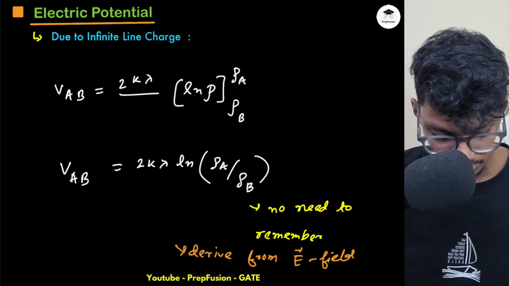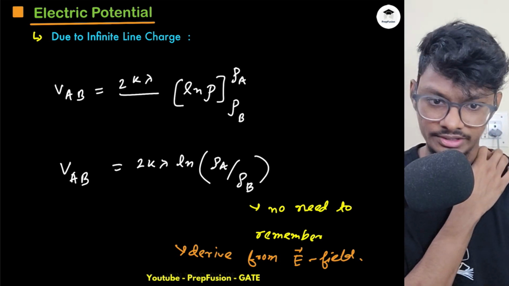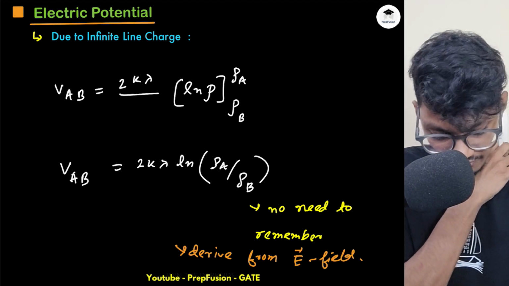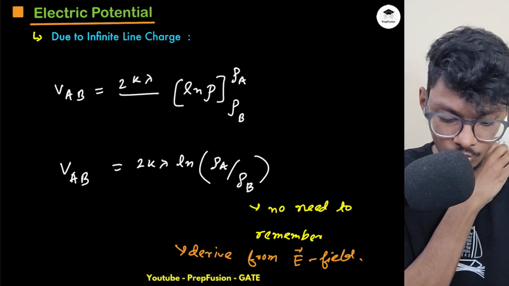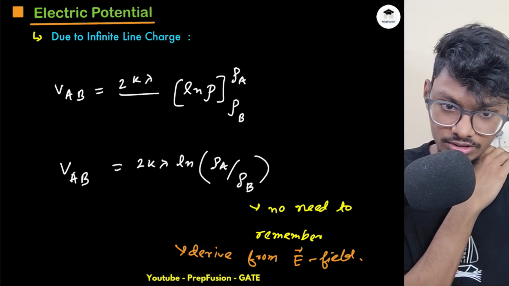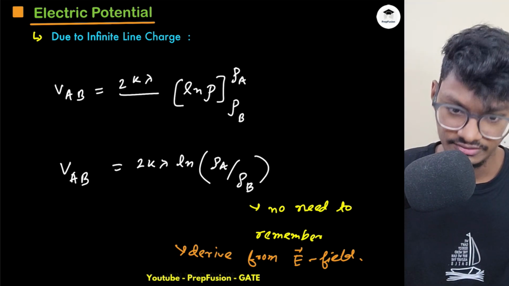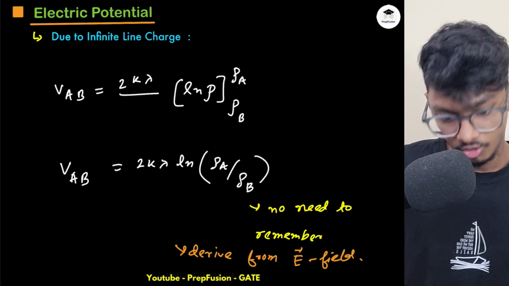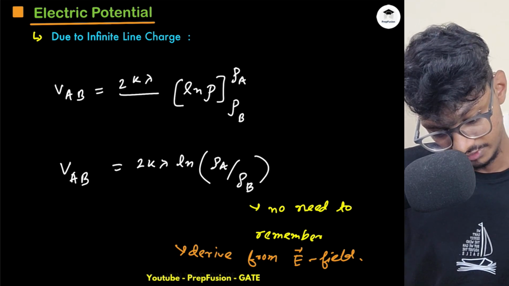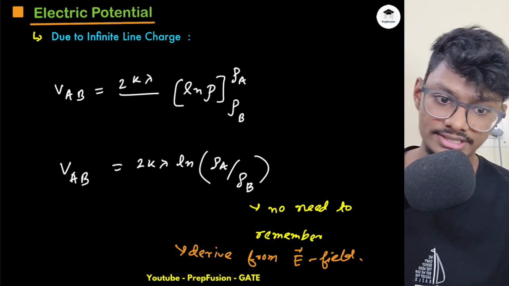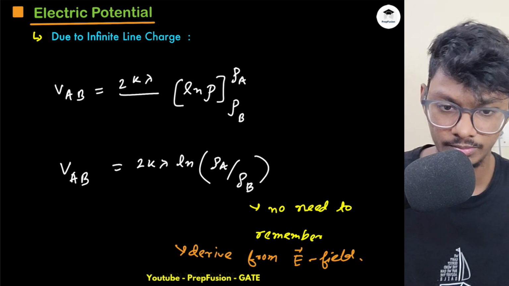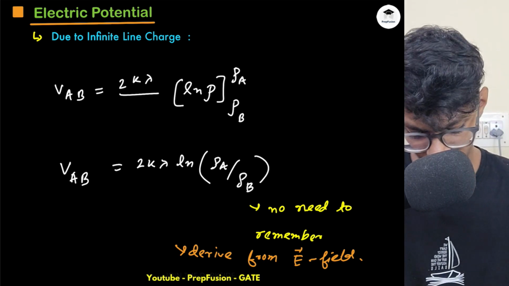That's enough, right? It will take you 10 seconds to derive from the electric field. If my ρ_A is at infinity, then what will happen? Or sorry, not infinity, if my ρ_A is at 1, then that will be the potential, but those are edge cases. We don't need to take care of that.